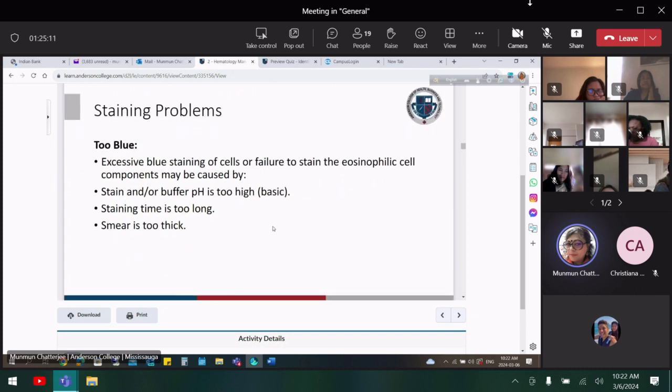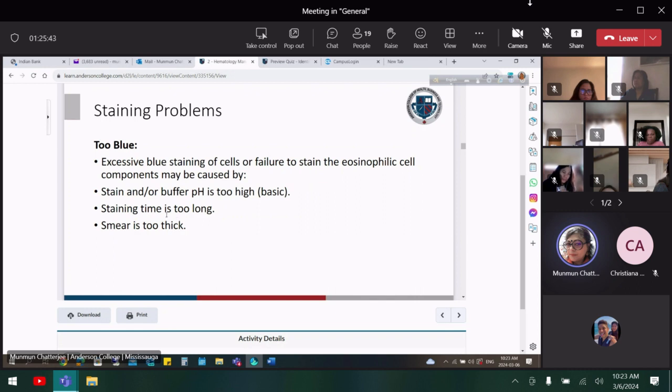So staining problems: too blue, meaning excessive blue staining of the cells or failure to stain the eosinophil components, may be caused by stain and buffer pH being too basic. That's why the buffer pH should be neutral. If the pH is higher, by any chance not adjusted properly, it is going to take up more of the blue stain, which is the basic dye.